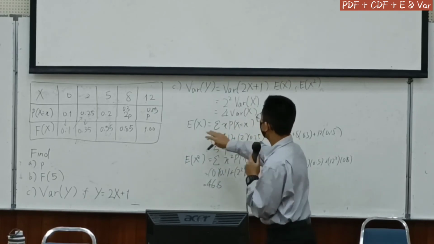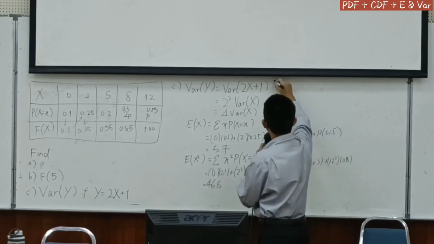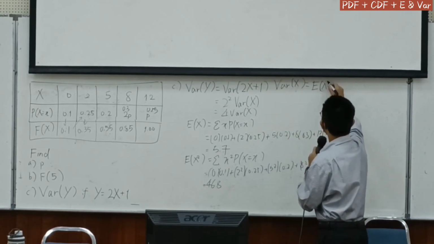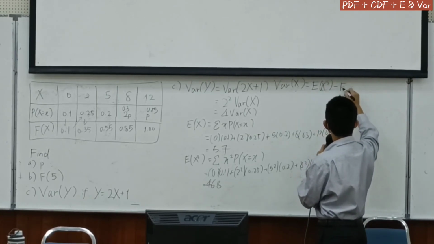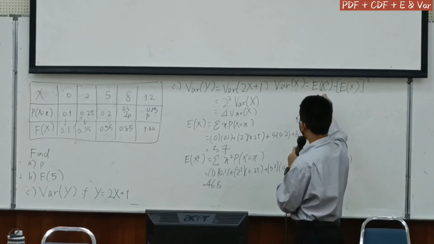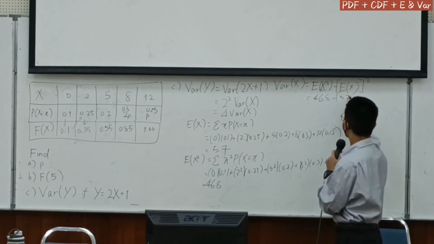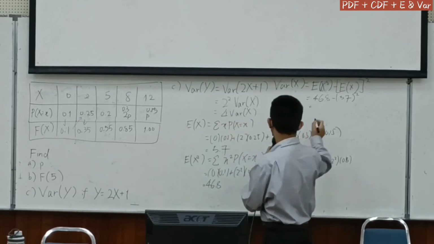And now we can use E(x) and E(x squared) to find the variance of x. The variance of x equals E(x squared) minus the bracket E(x) squared. So it is 46.8 minus 5.7 squared, and we will get 14.31.